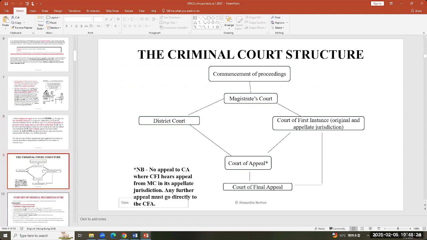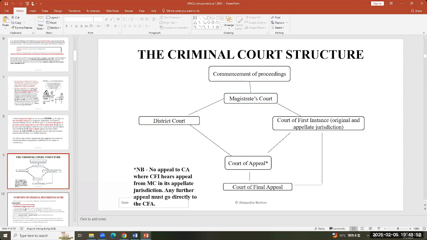So let's talk briefly about the criminal court structure. Assuming that proceedings have been commenced, and we're going to look at the various different ways in which proceedings can be commenced, every criminal case, whether it is a very minor traffic-related incident or the most serious type of murder that could ever be committed, must always begin in the magistrate's court.